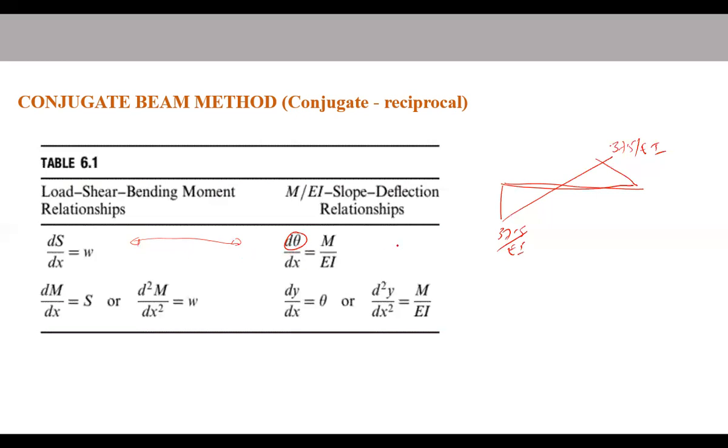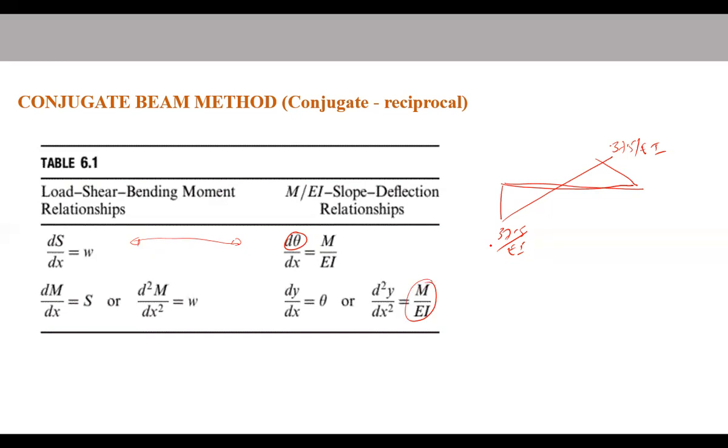Because what we get here as a shear force is slope. What we get here as a bending moment is deflection. So if you apply M over EI as a load, then the bending moment you get on this beam at any point is equal to the deflection of the real beam.